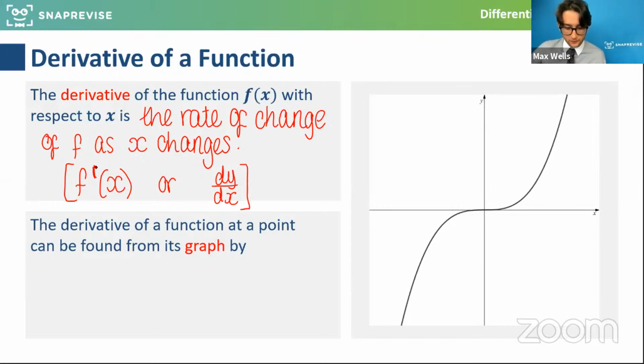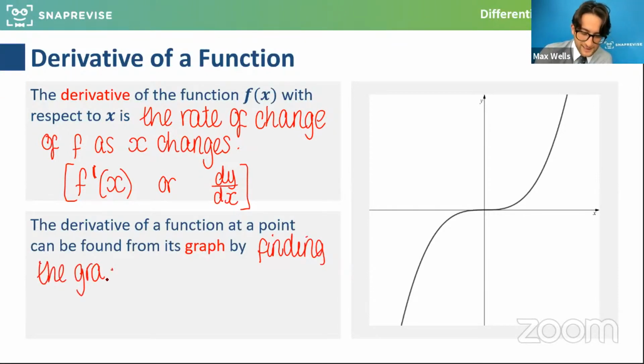And the derivative of a function at any point can be found from its graph by finding the gradient of the tangent. They ease this into GCSE a little bit. Sometimes it's in one type of question: find the gradient of the tangent. Who has done that skill before at GCSE?